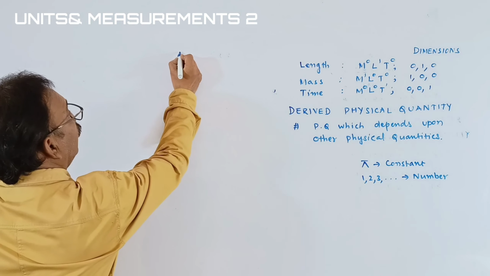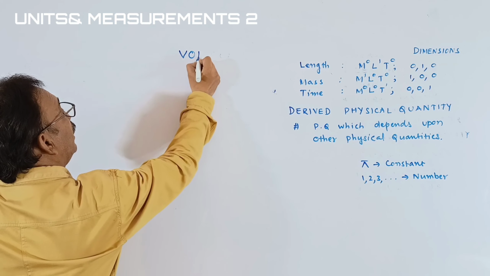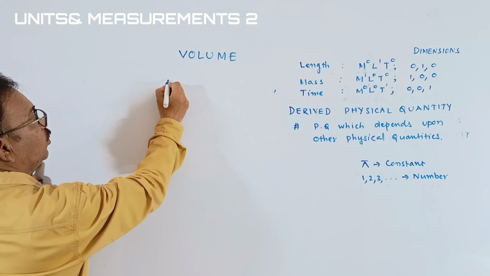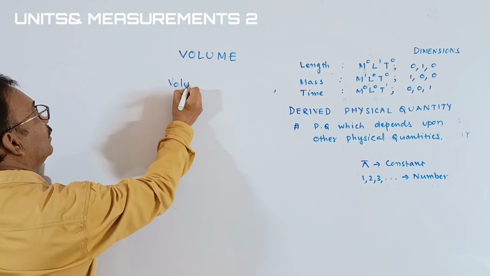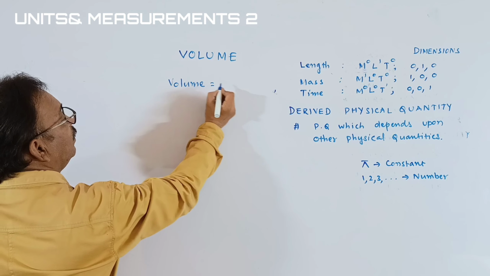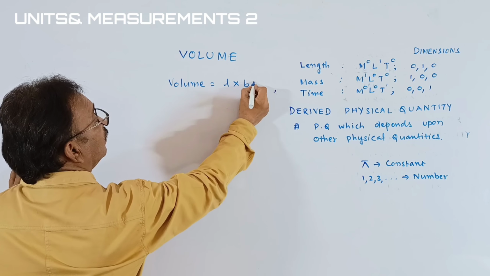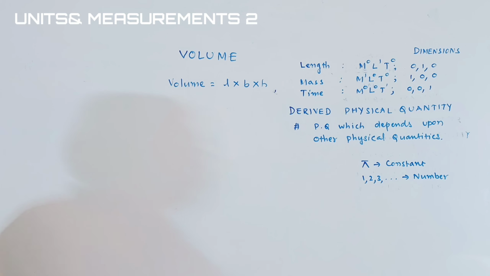Okay, we are getting the dimensional formula of volume. What is volume, students? You learn that volume is nothing but length into breadth into height. Volume means length multiplied with the breadth and height, students.